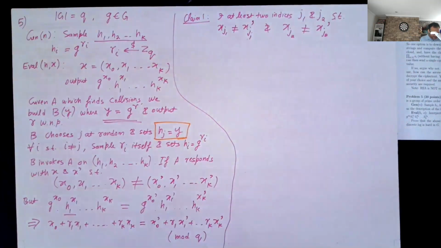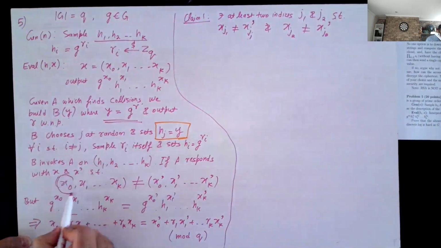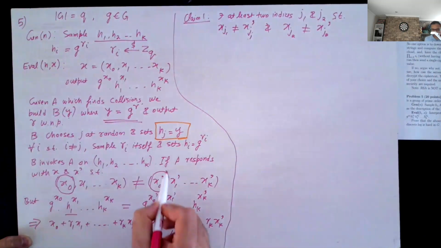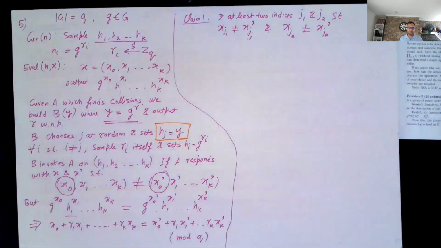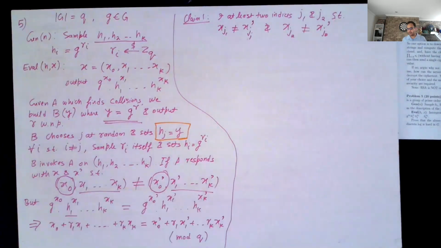And okay, the reason I need two indices to be different is because if just this is different from this, then I might fail. I need one of these to be different from one of these. That's what you need to prove. In fact, even in the previous construction which we saw in the class, we did something like that.